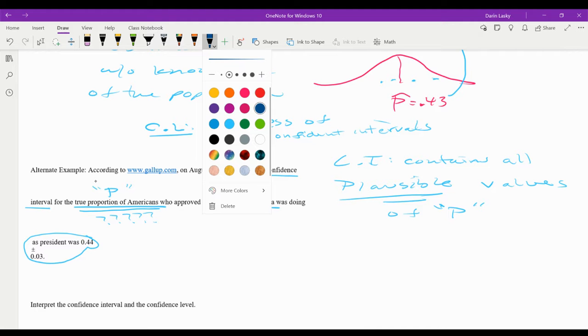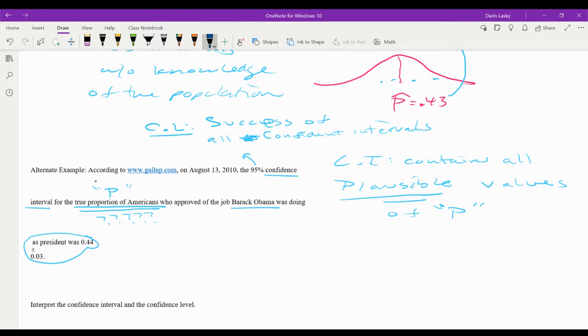This confidence interval has a 0.44 right here. So that 0.44 has two things attached to it. It has a 0.03 negative, and it has a positive 0.03.